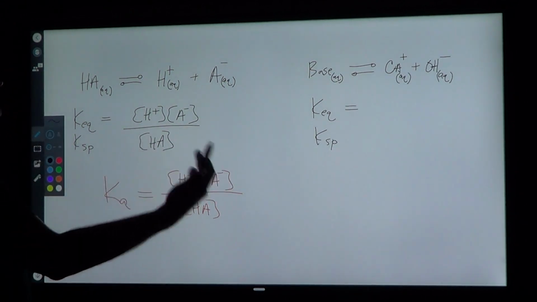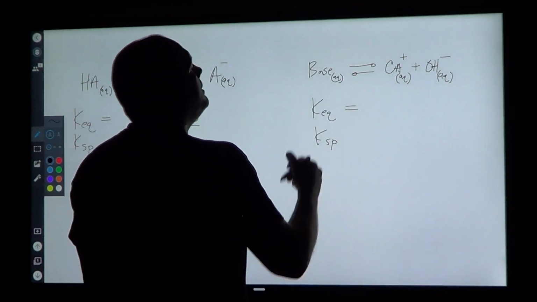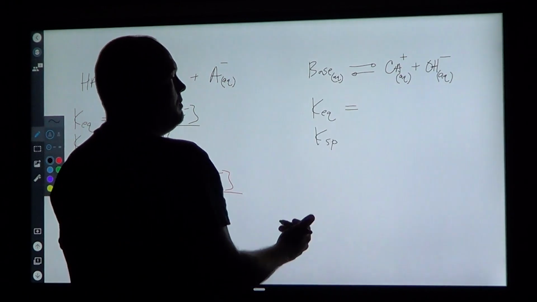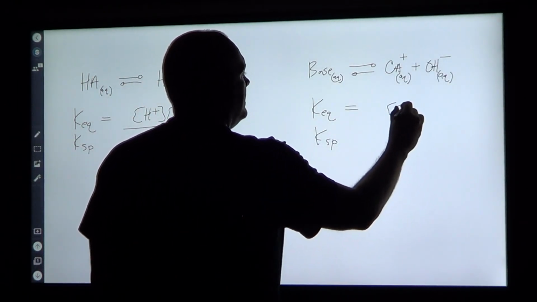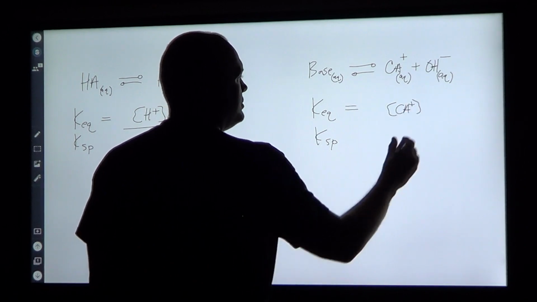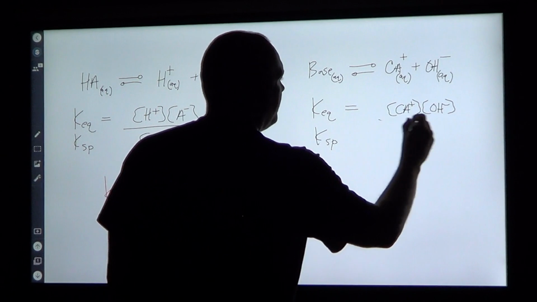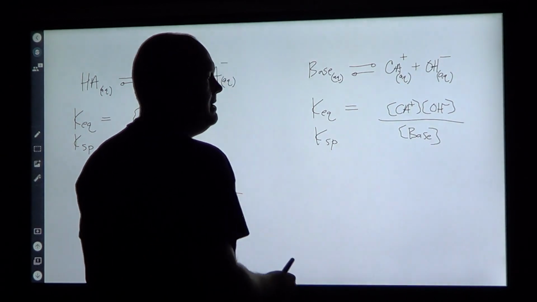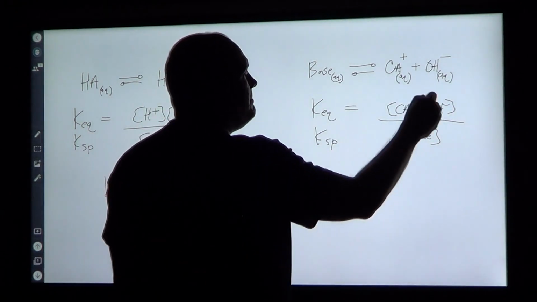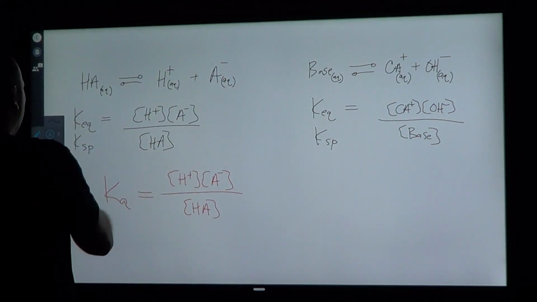For bases, it's the same way. So you have a base that's aqueous. Your book will put water in there, which we won't. So what you end up getting is the conjugate acid, which has to have a positive charge, times the hydroxide concentration divided by the concentration of the original base. And again, this can be any base, so that's why these are just generic formulas.